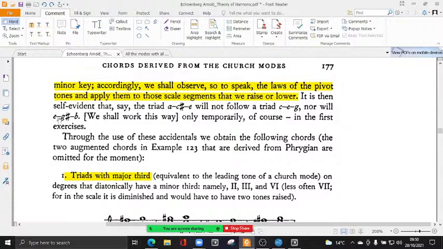Nor will E G sharp B follow, for example, C E G. We shall work this way because of the G sharp, the G to the G sharp. We do not follow a triad like that.